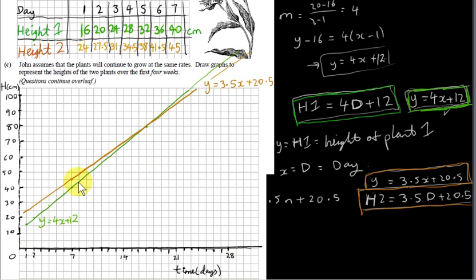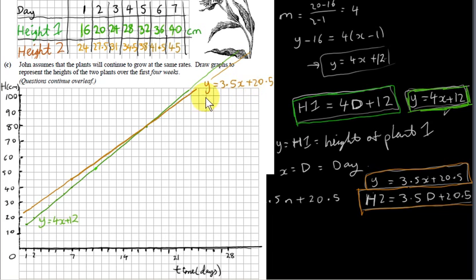So if we pick a point on this line here, which represents the growth of the first plant, any point at all, and increase x, or t if you like, for time by 1 unit, then y, which is the height, will increase by 4 centimeters. So no matter where you are on this green line, pick any point, increase x by 1, then you will have to increase y by 4 to meet the line. So the slope of this line is 4 over 1, which is 4. This number here, the coefficient of x.